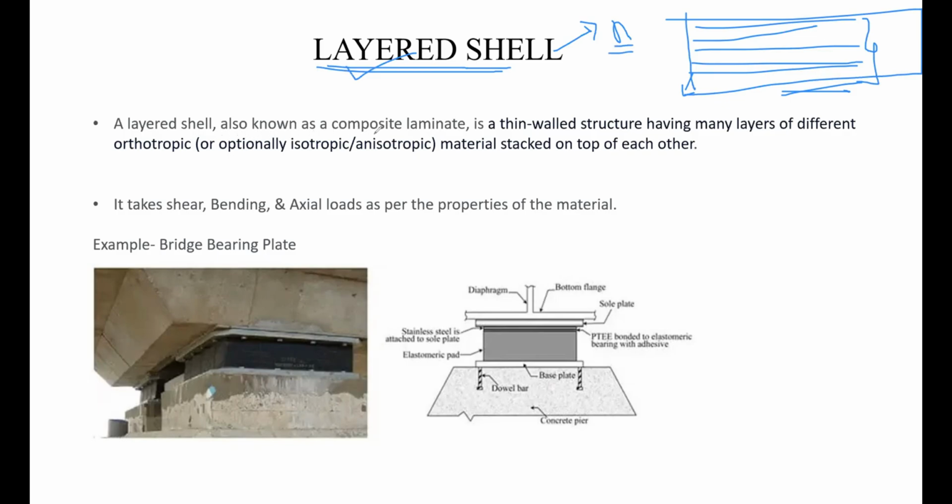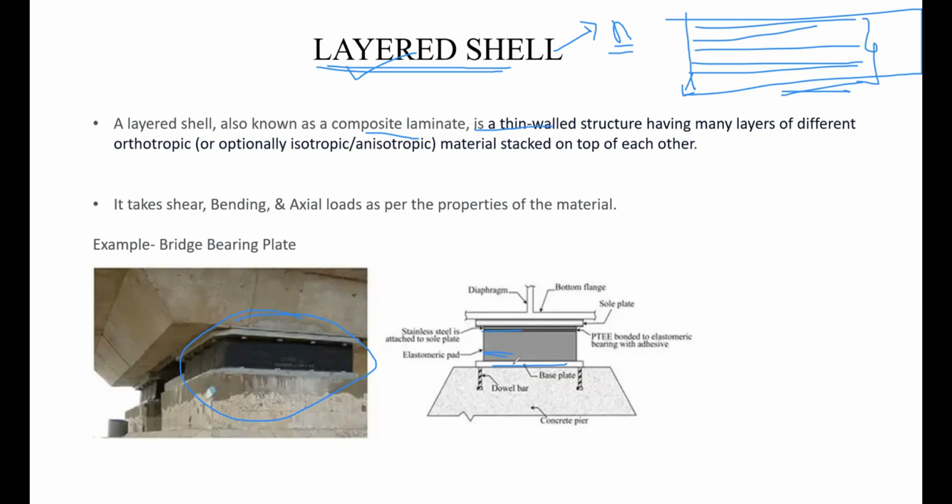A layered shell, also known as a composite laminate, is a thin wall structure having many layers of different orthotropic or optionally isotropic materials stacked on top of each other. As you can see in the bridge bearing over here, we have the steel base plate, the elastomeric pad, which is a combination of steel and a chemical PTFE, and the stainless steel at the top.